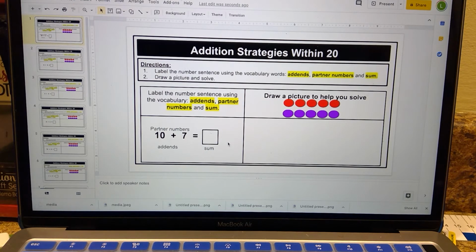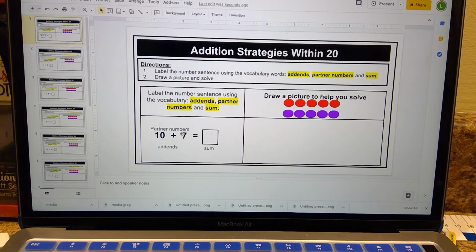There we go. So now I labeled it. I know what each part of my number sentence, which the numbers represent, whether it's an addend, a partner number, or it's the sum. Now I'm going to come over and take the counters just like I did with the example. And I have 10 plus 7.